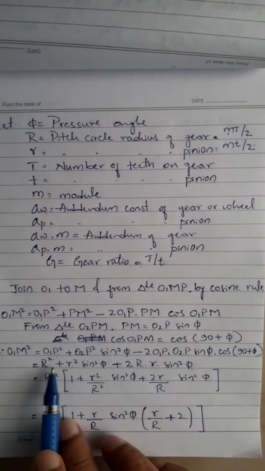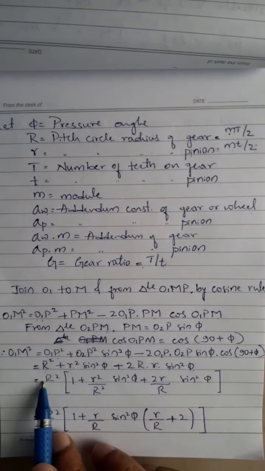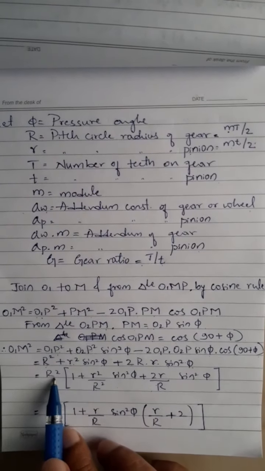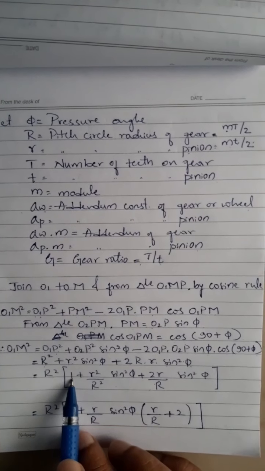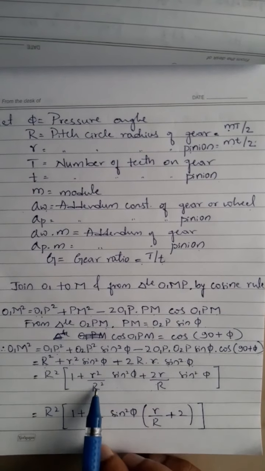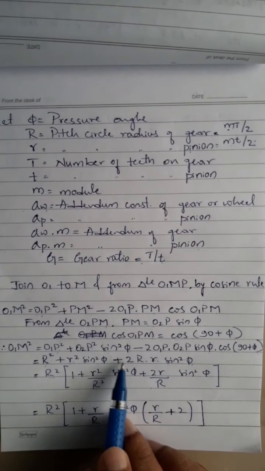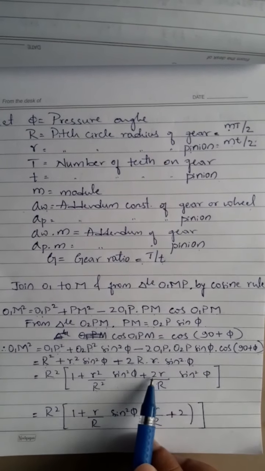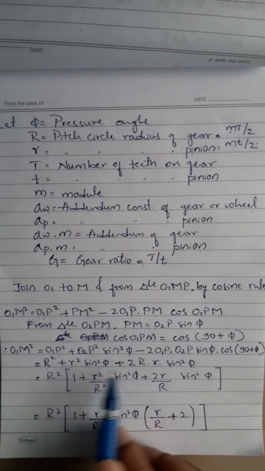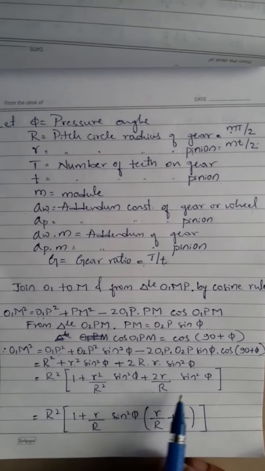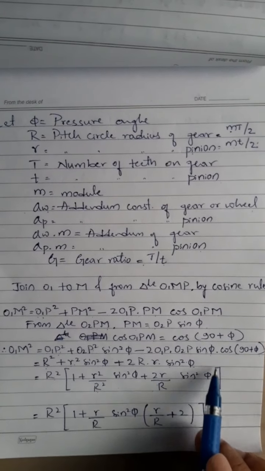Now taking capital R square as common outside, we are left with 1 plus small r square divided by capital R square into sin square phi plus 2 into small r divided by capital R into sin square phi.